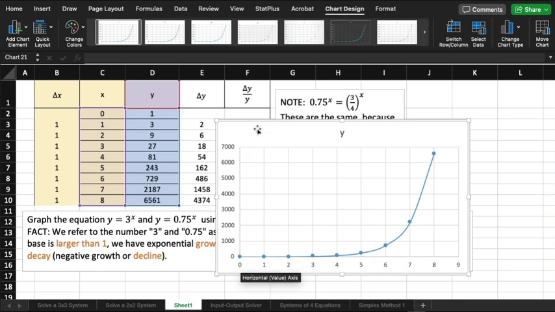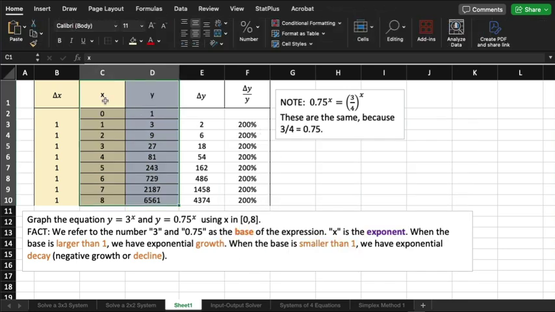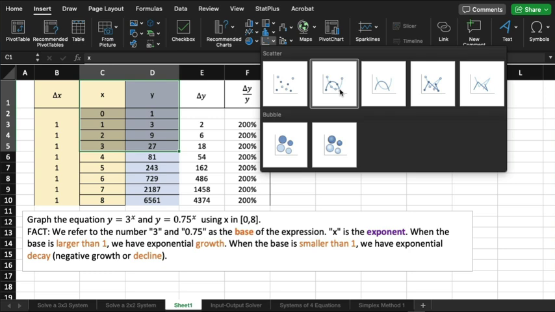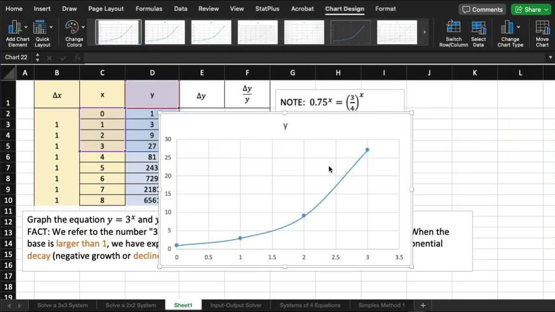And if you want to see that a little better, you could just graph this for the first, say, x equals 0, 1, 2, and 3. So we could go over here and just select those points and insert the same kind of graph here. And there's your first 4 points, and you can see that it's not quite 0.